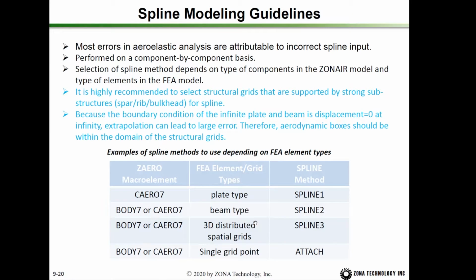And the spline modeling guideline: most errors in the aeroelastic analysis are attributable to incorrect spline input. The spline is performed on a component by component basis. Selection of spline method depends on the type of components in the ZONAIR model and the type of elements in the finite element model.